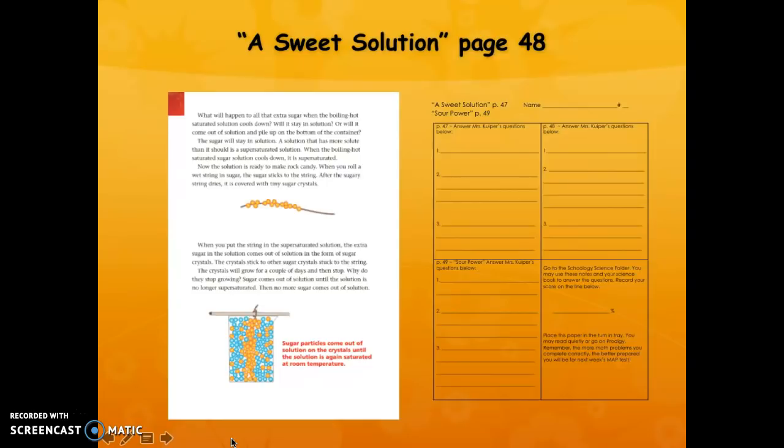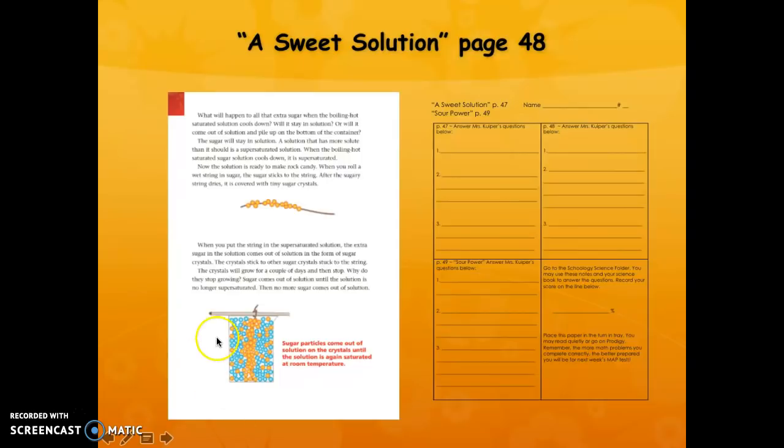Why do they stop growing? Sugar comes out of solution until the solution is no longer supersaturated. Then no more sugar comes out of solution. So if you look at that bottom diagram, sugar particles come out of solution on the crystals until the solution is again saturated at room temperature.